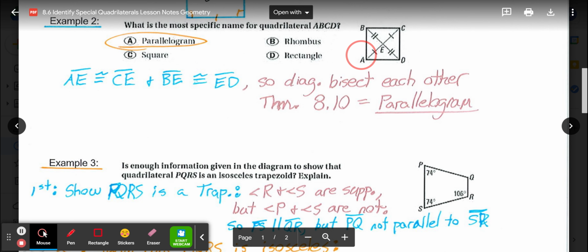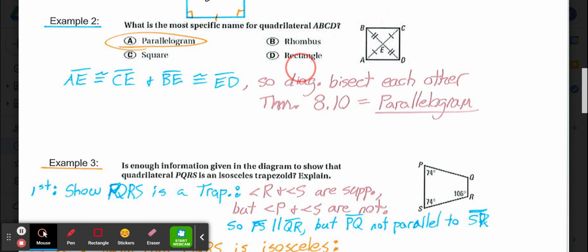I know AE is congruent to EC, and I know BE is congruent to ED. What that tells me is the diagonals bisect each other. So according to theorem 8.10, if diagonals bisect each other, and we don't know any other info, we can classify that as only a parallelogram.